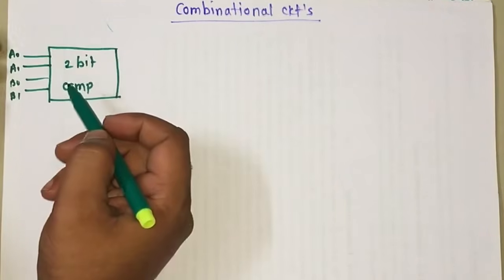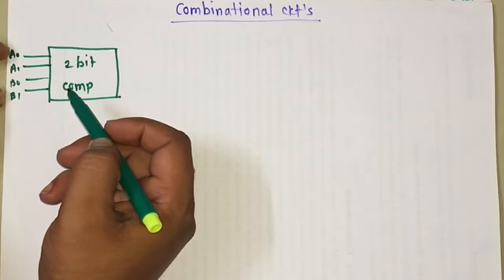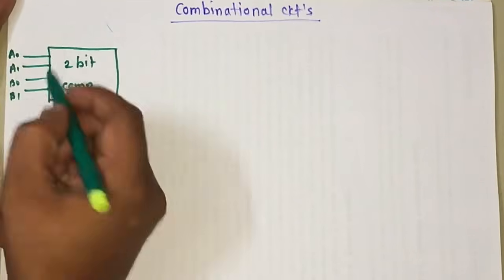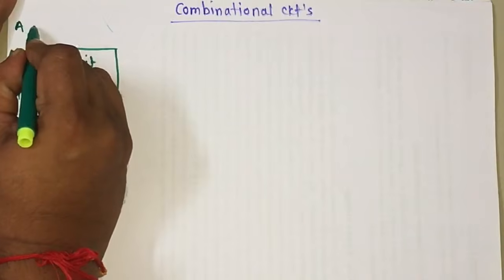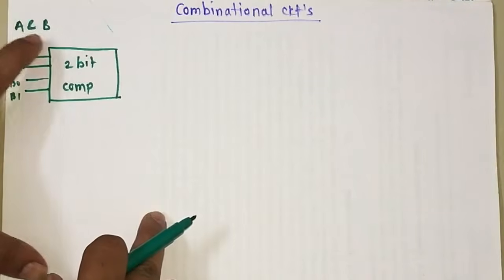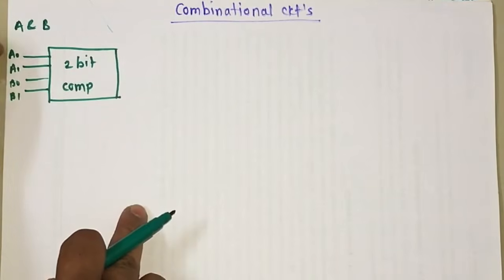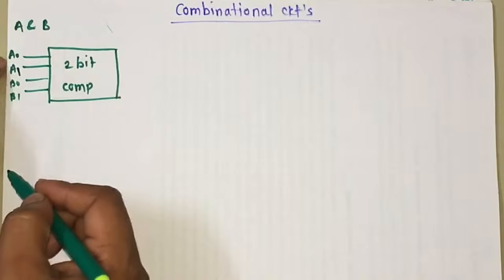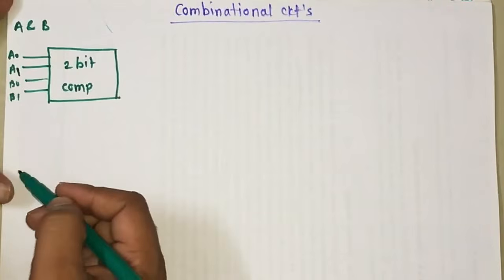This is the first 2-bit number and this is the second 2-bit number. A is the first number, B is the second number. Both are 2-bit numbers, that's why I have taken A0 A1 and B0 B1.